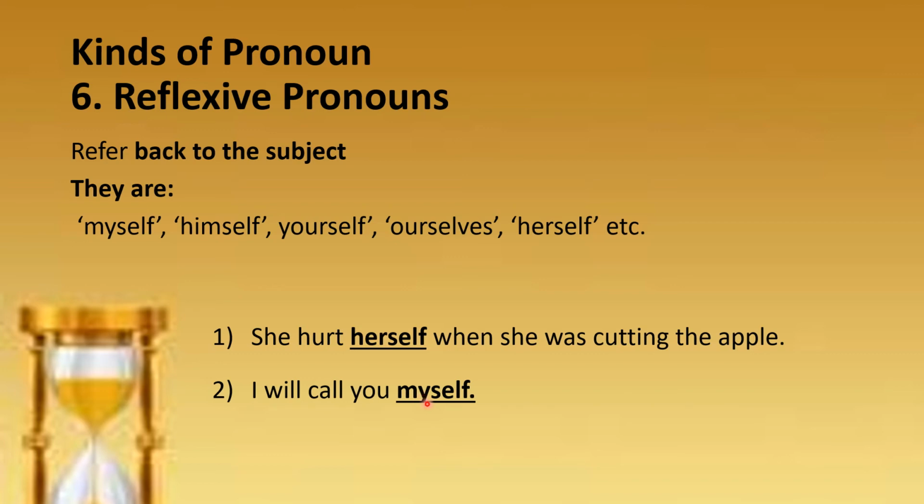In this sentence, myself is a reflexive pronoun because it is used to refer back to the subject I. See the third example, which is he will serve the tea himself. Himself is a reflexive pronoun because it is referring back to the subject, which is he.